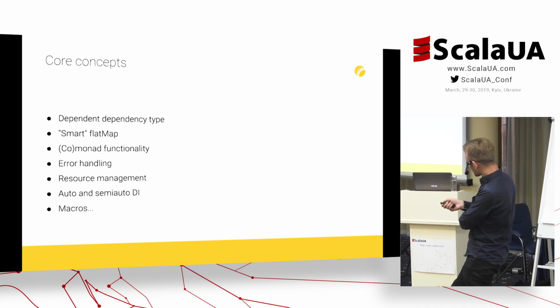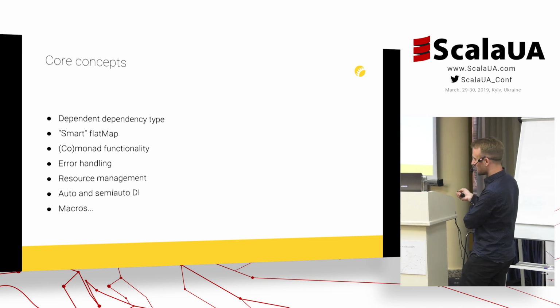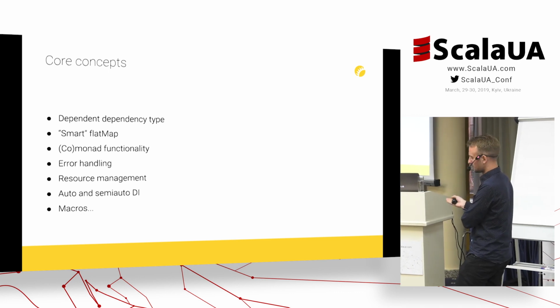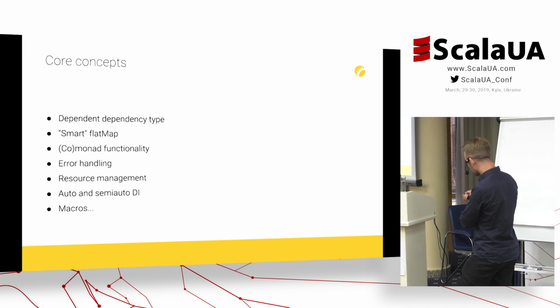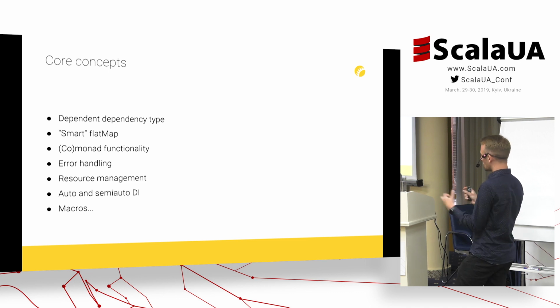So it's actually a monad having a dependent dependency type, like the representation in shapeless.Generic. It has a smart flatMap, unlike a reader monad, allowing you to combine dependencies. I'll show you in examples later what it means.